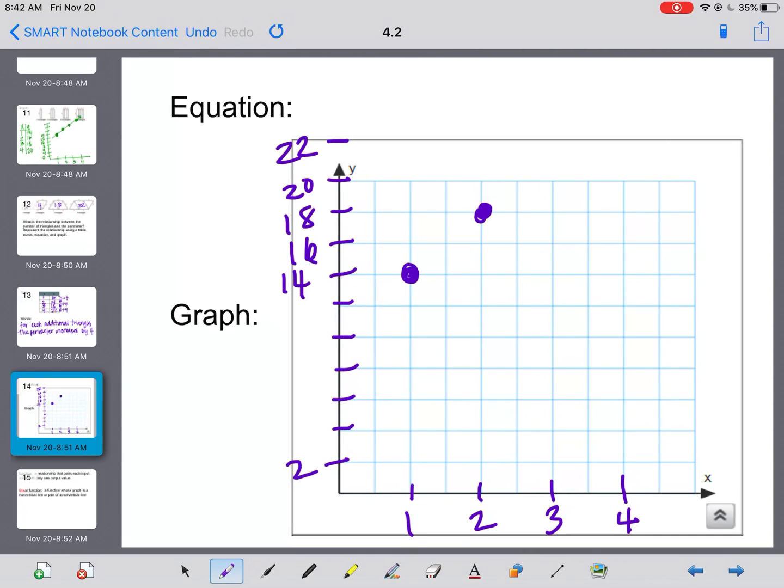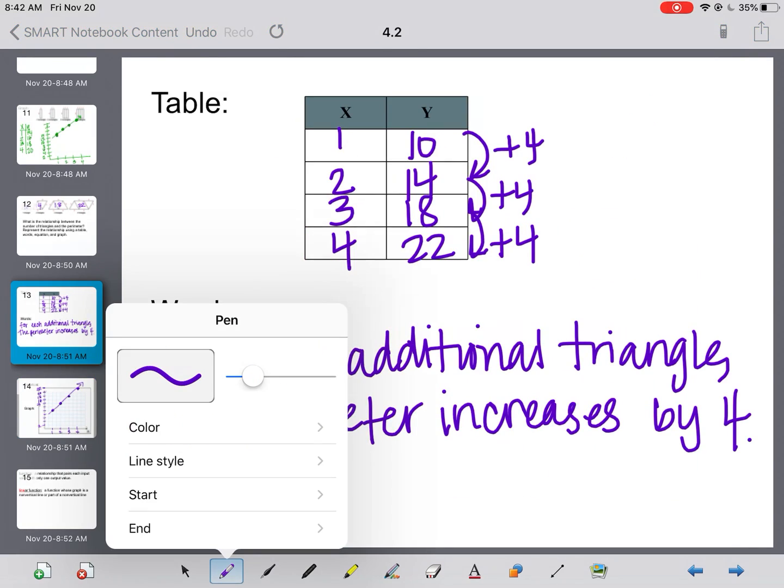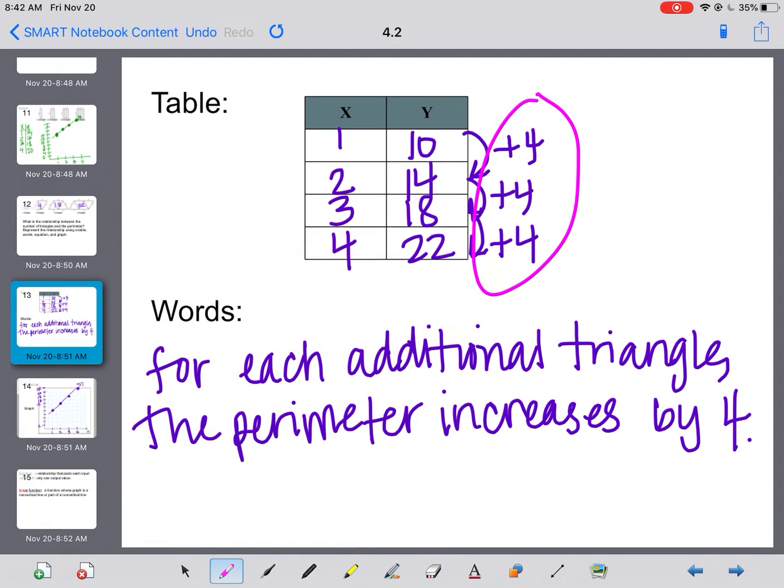So the second triangle's perimeter was 14, the third was 18. The first one was actually 10, wasn't it? There we go. There's our straight line.